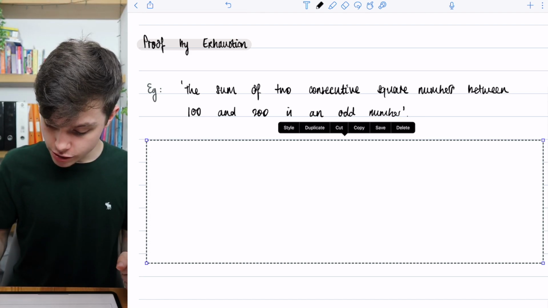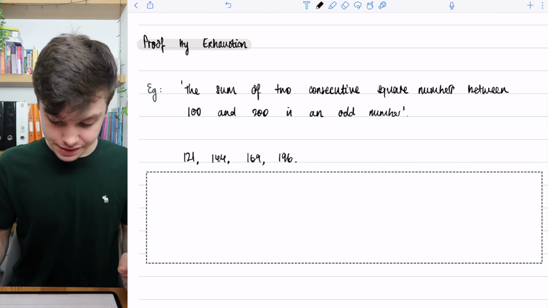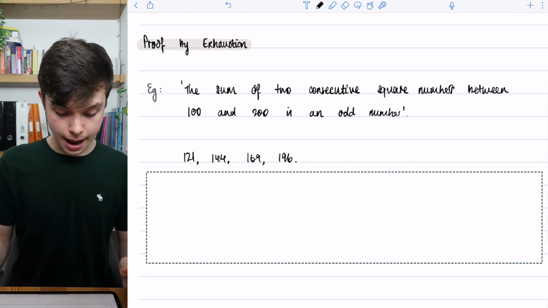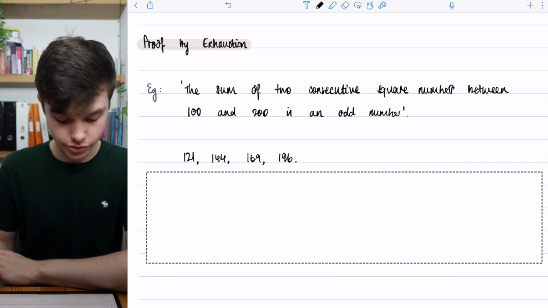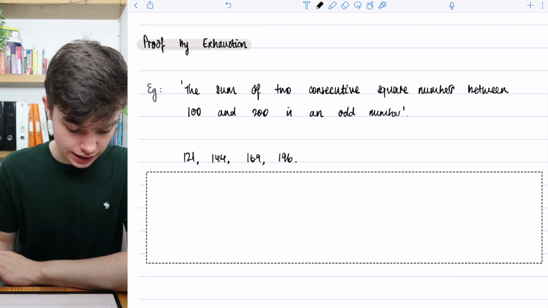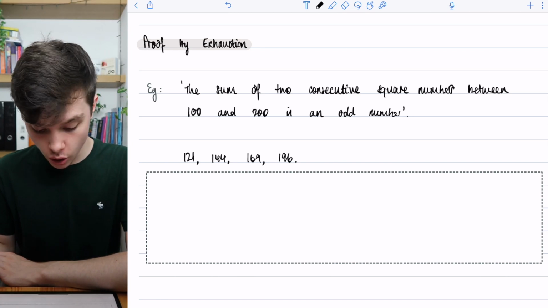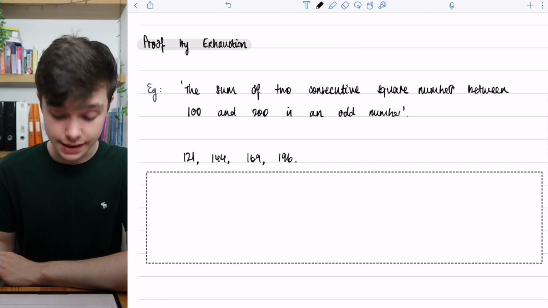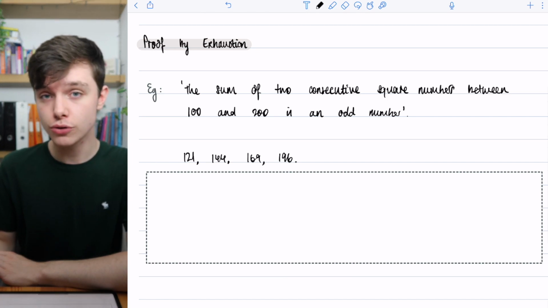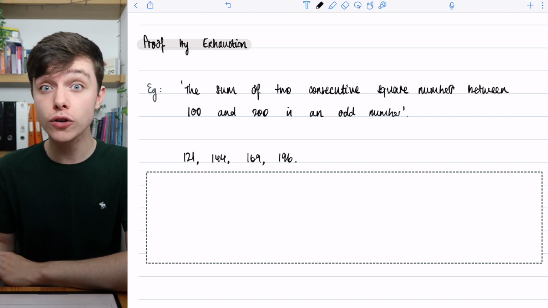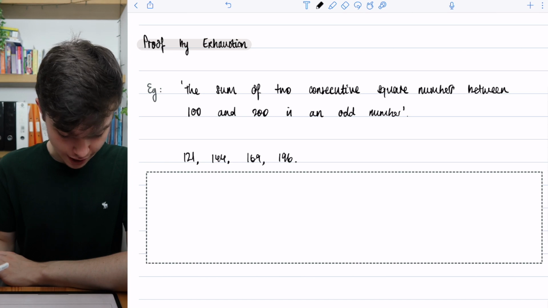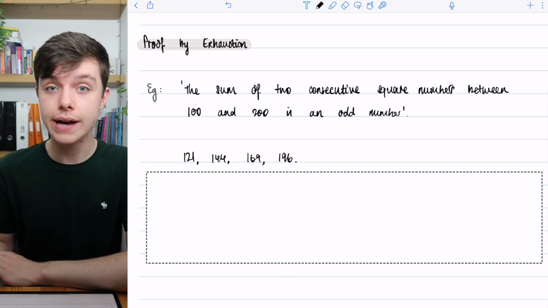So the first thing I'm going to do is list the square numbers that are between 100 and 200. These are 11 squared, which is 121, 12 squared, which is 144, 13 squared, which is 169, and 14 squared, which is 196. Sorry, not 4 squared, 14 squared.